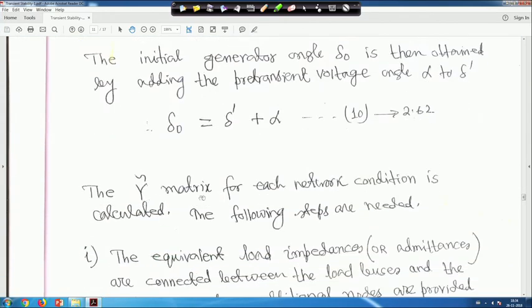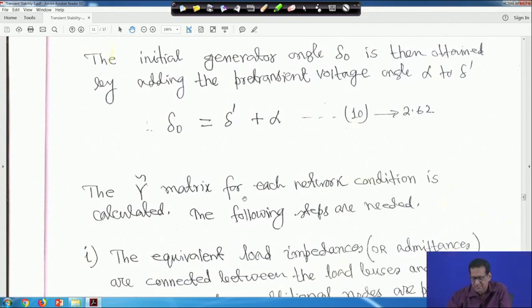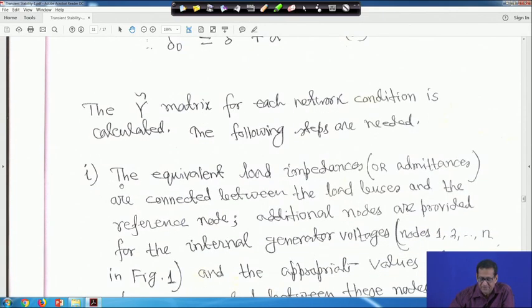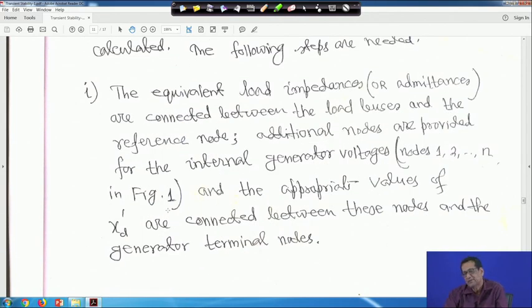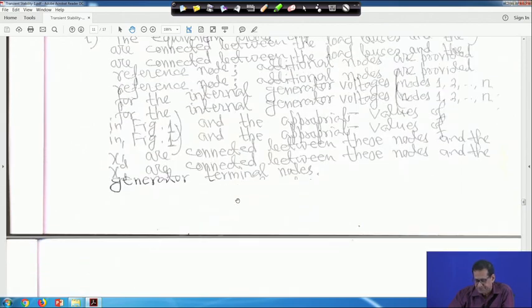Now, the Y tilde matrix for each network condition is calculated. The following steps are needed. Number 1: the equivalent load impedances or admittances are connected between the load buses and the reference node. Additional nodes are provided for the internal generator voltages, that is node 1 to n. We have seen in figure 1 the general equivalent of the transmission system, load and the machines, right, and the appropriate values of x d dash are connected between these nodes and the generator terminal nodes, right.